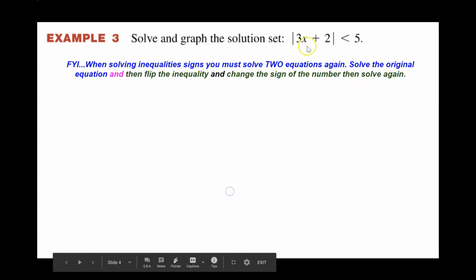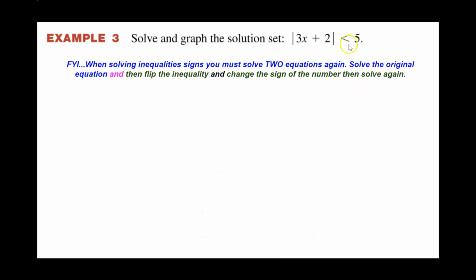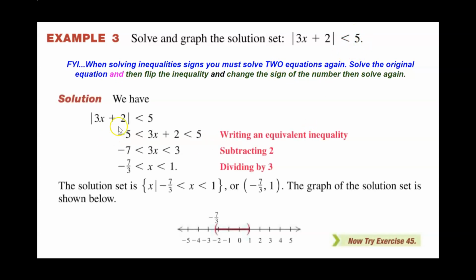Now, when we do inequality signs, less than, greater than, less than or equal to, or greater than or equal to, we still need to solve for two equations, a positive and a negative, but this time we need to flip the inequality sign. So here I have the absolute value of 3x plus 2. There's nothing to move over because I have my absolute value by itself.